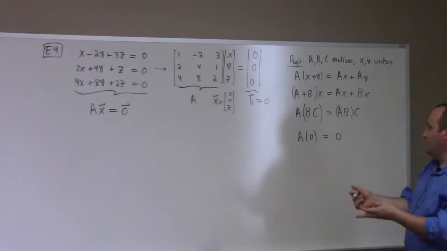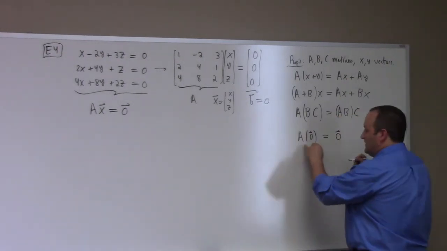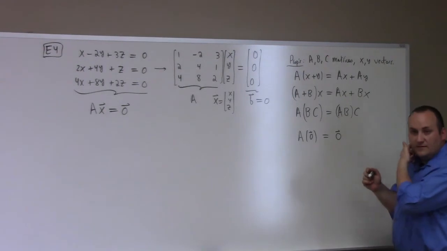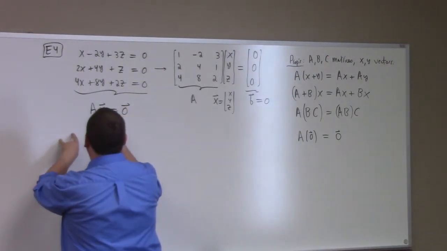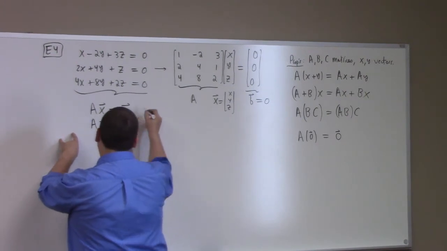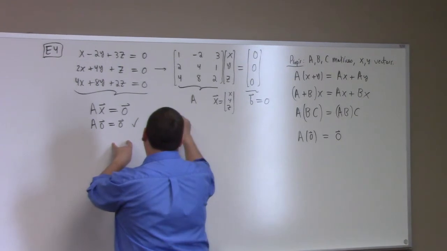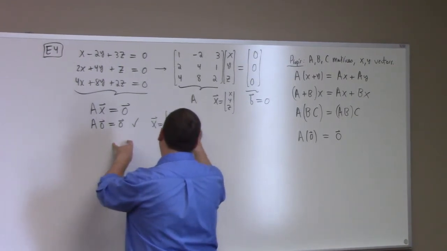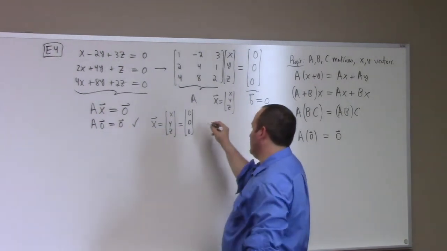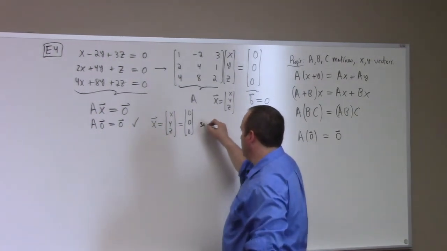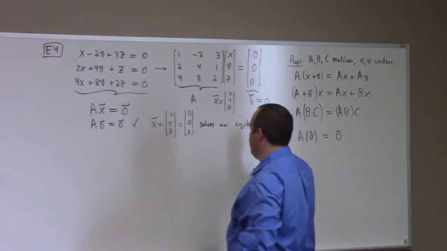But I'm telling you, if you multiply a matrix times the 0 vector, you get back the 0 vector again. So is 0 a solution to this? Well, yeah. Check. So we can take x vector, which is, of course, x, y, z, equal to the 0, 0, 0 vector, and this is a solution. Solves our system.